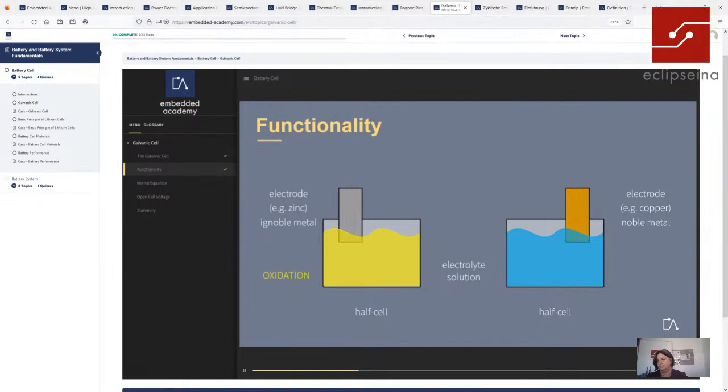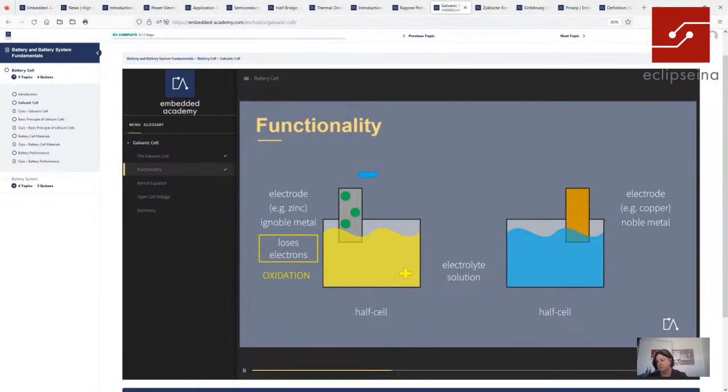This reaction is called oxidation, and it describes how the zinc atoms lose electrons. Thereby, the electrons stay in the metal, while positive zinc ions are dissolved in the electrolyte solution. This results in a positively charged solution and a negatively charged electrode.